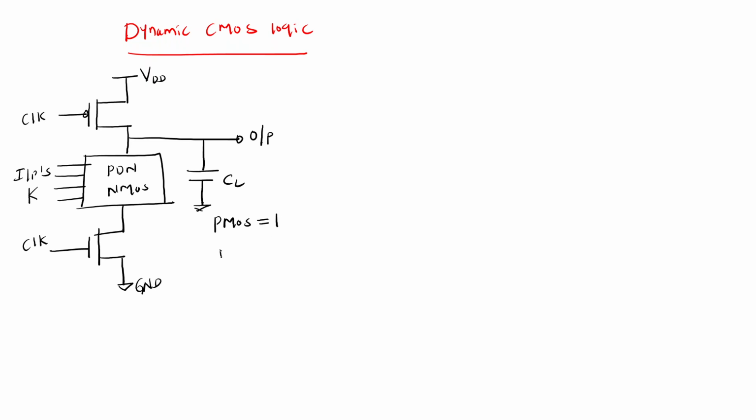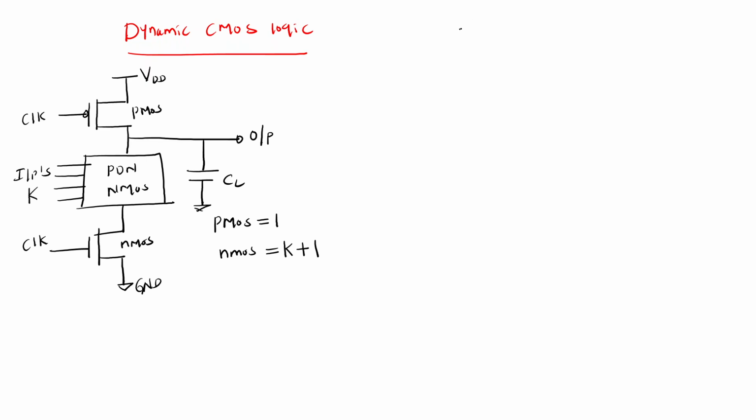And for NMOS, in the pull down network K inputs are there, so K plus one more NMOS is there for the clock. So K plus 1 NMOS are there. This is nothing but dynamic CMOS logic.